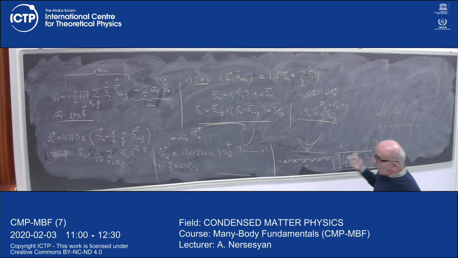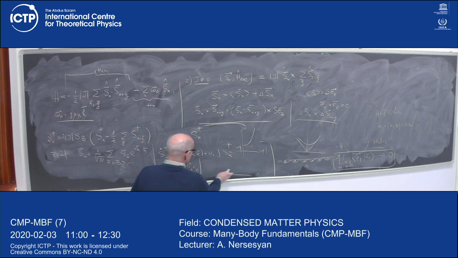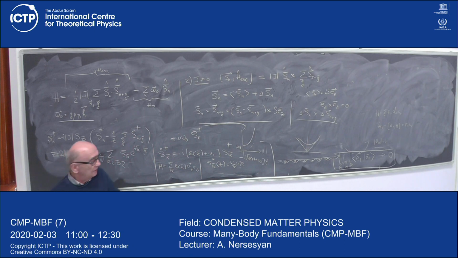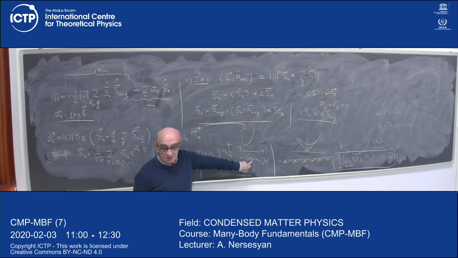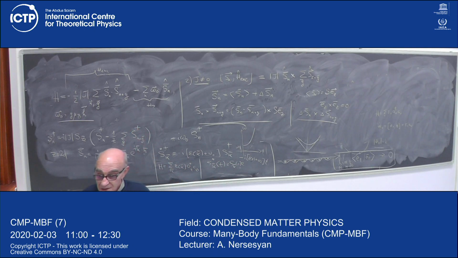Actually, this is the complete answer, because the solution is S_k plus as a function of t equals S_k0 times exponent of minus i, epsilon of k plus omega naught, times t. So if we didn't have an exchange interaction, epsilon k would be 0. And that would be the already well-known result, which describes homogeneous, uniform rotations of all the spins.